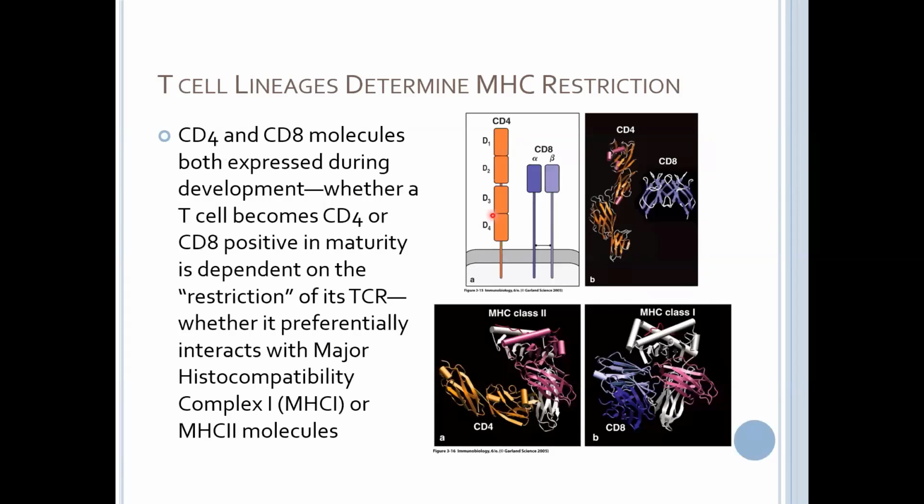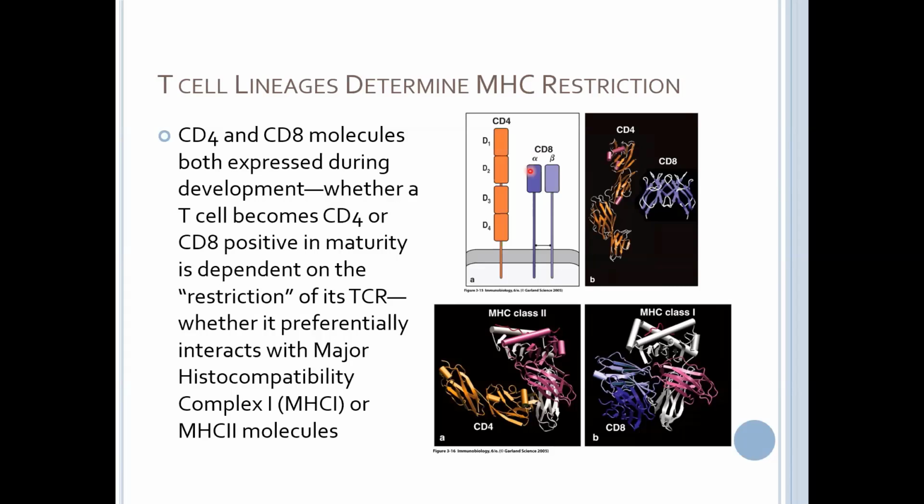And then what determines whether or not a cell is a CD4 cell or a CD8 cell is whether or not its T cell receptor sees antigen in the context of MHC class 1 or MHC class 2. And so these are the two big types of MHC molecules. If you see antigen in the context of MHC class 2, you're a CD4 cell, and CD4 actually binds MHC class 2 to help stabilize that whole interaction.